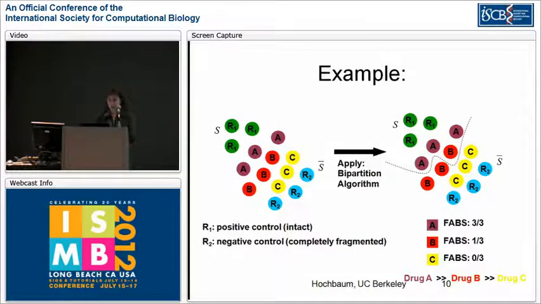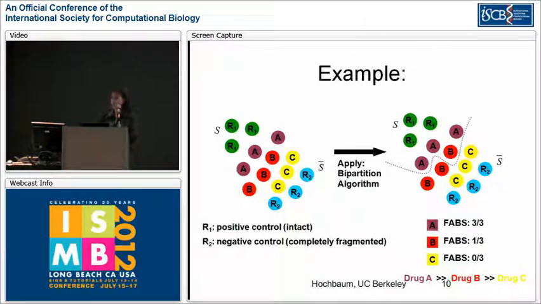So here is a simple example. The green nodes here are the R1, the blue nodes are the R2, and then we have 3 populations, A, B, and C. Then we get the bipartition that is described by this line. In this bipartition, of the instances of population A, there are 3 instances, and all 3 of them fall in the desirable set.